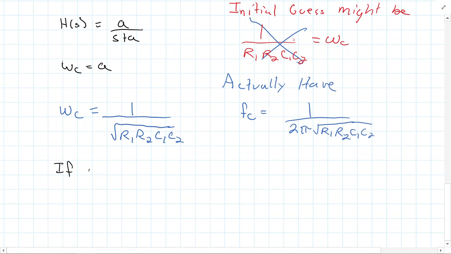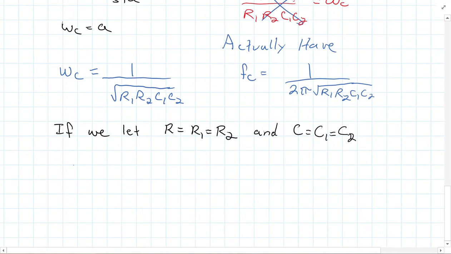If we let R be R1 and R2, so we're setting R1 to the same value of R2, and C being the same value as C1 and C2, we get omega C is equal to 1 over RC, and FC is equal to 1 over 2 pi RC.